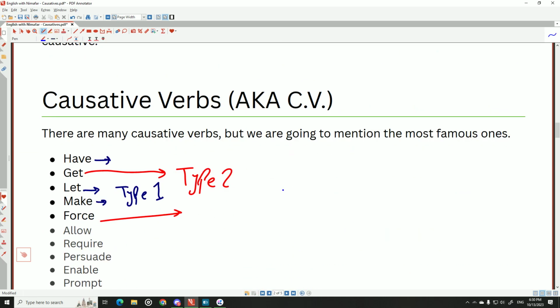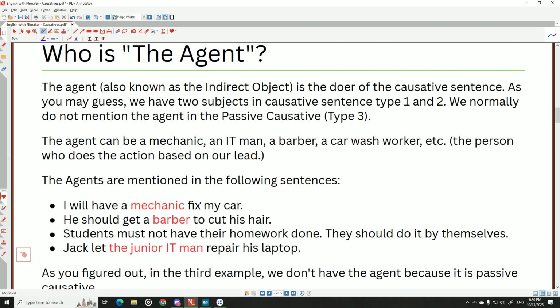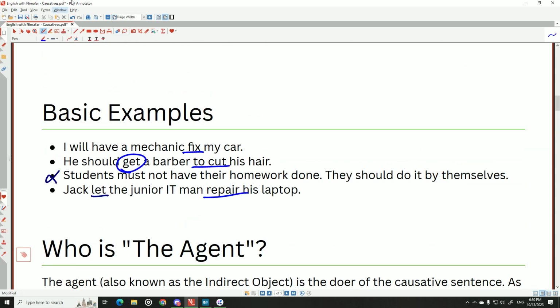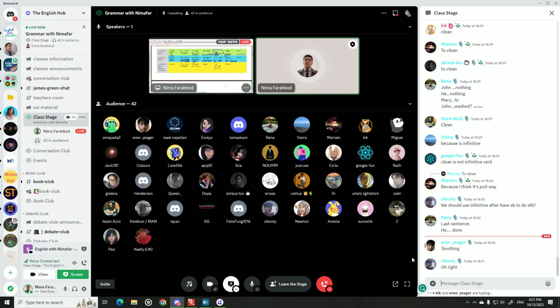This one. Have, the blue one, let and make. I said type 1. What is type 1? Let's refer back to it. Type 1 is bare infinitive, isn't it? You see here? Bare infinitive means fix, means clean, not to clean. All right, yeah, good.